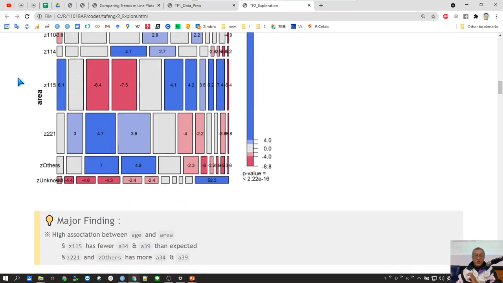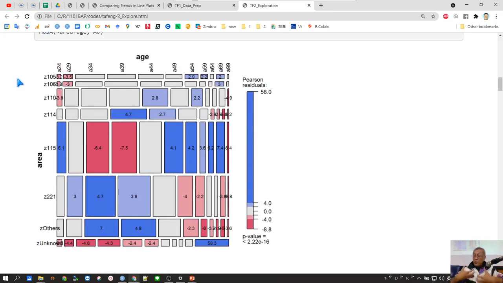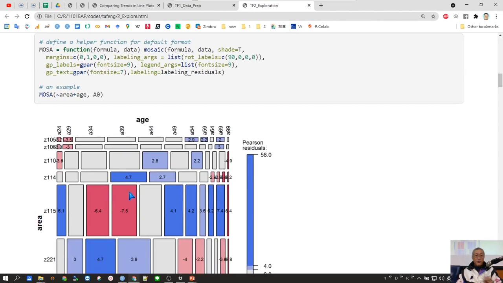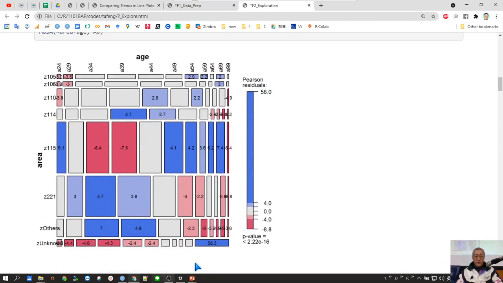So, from time to time, if we put two categorical variables together, we can plot their joint distribution, okay? The joint distribution is kind of like a table, right? You can make a table out of it. Let me do that.